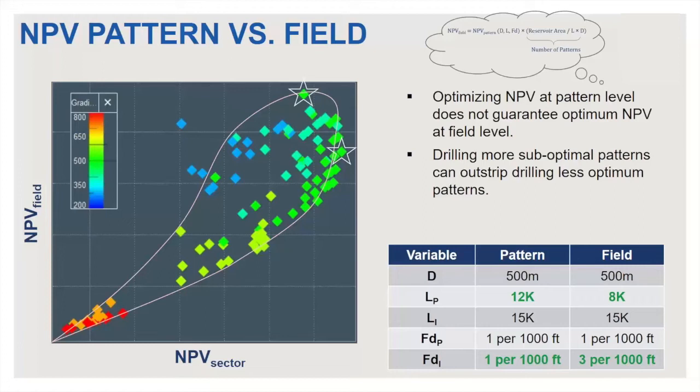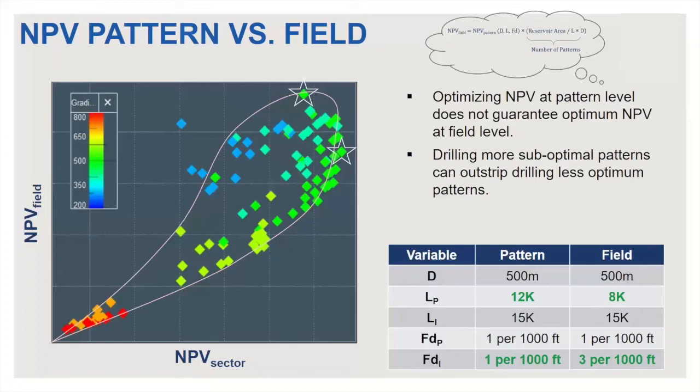So you can end up with the pattern NPV advising you to go for a longer well, because that maximizes the NPV. However, at field level, maybe the optimum is to go for a shorter well, because that will allow you to place more patterns and generate more revenue per pattern.